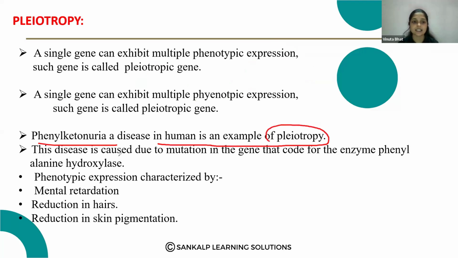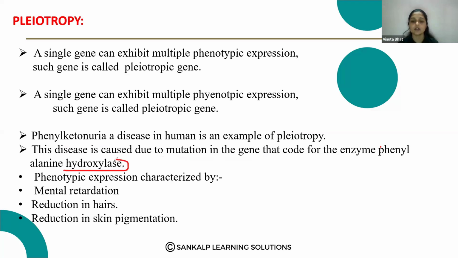What is phenylketonuria? This disease is caused by a mutation in the gene that codes for the enzyme phenylalanine hydroxylase.